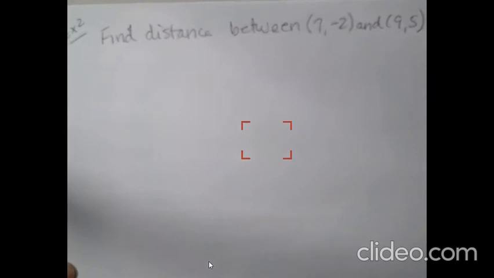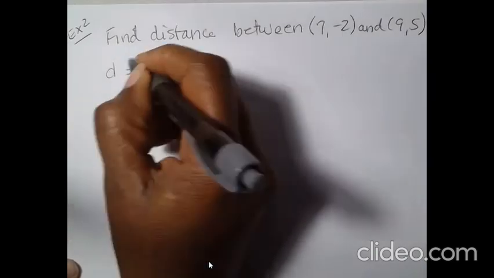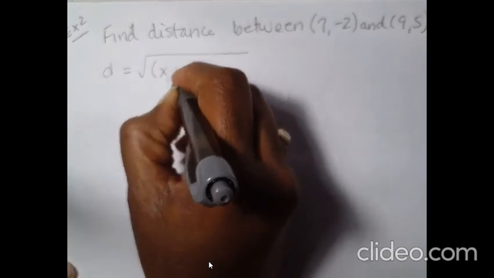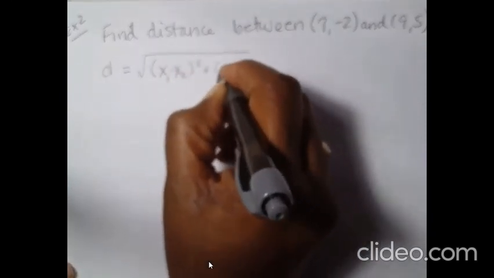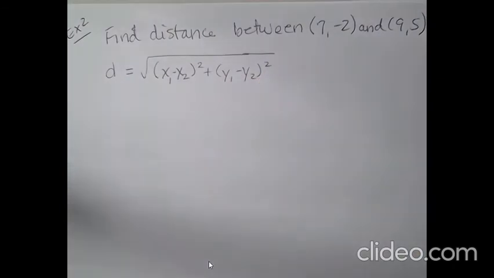Again, we're using our distance formula. D equals the square root of x1 minus x2 squared plus y1 minus y2 squared. Take the square root of all of that.